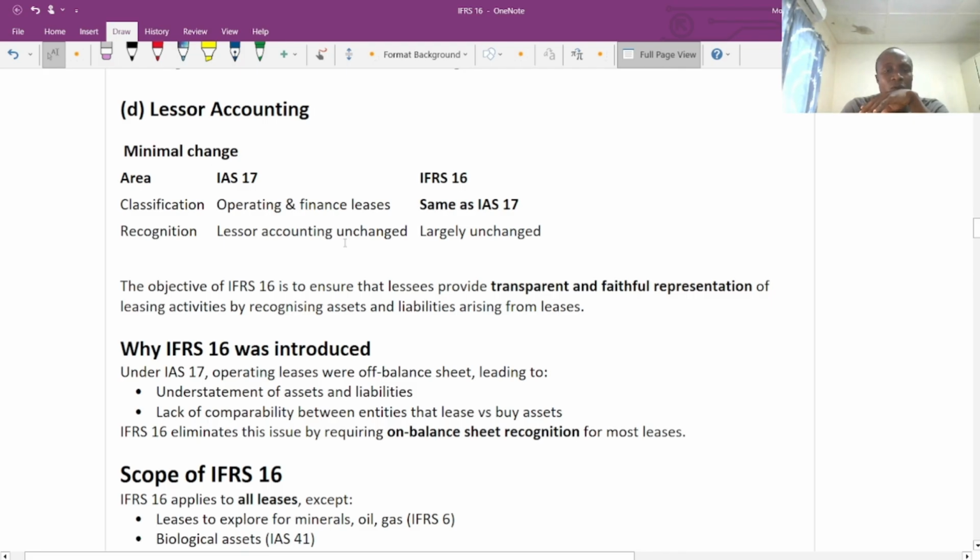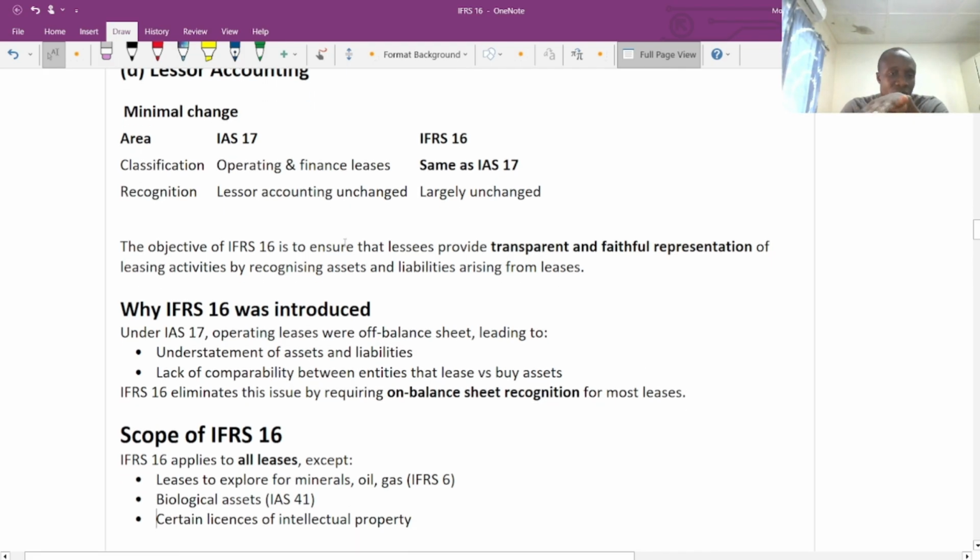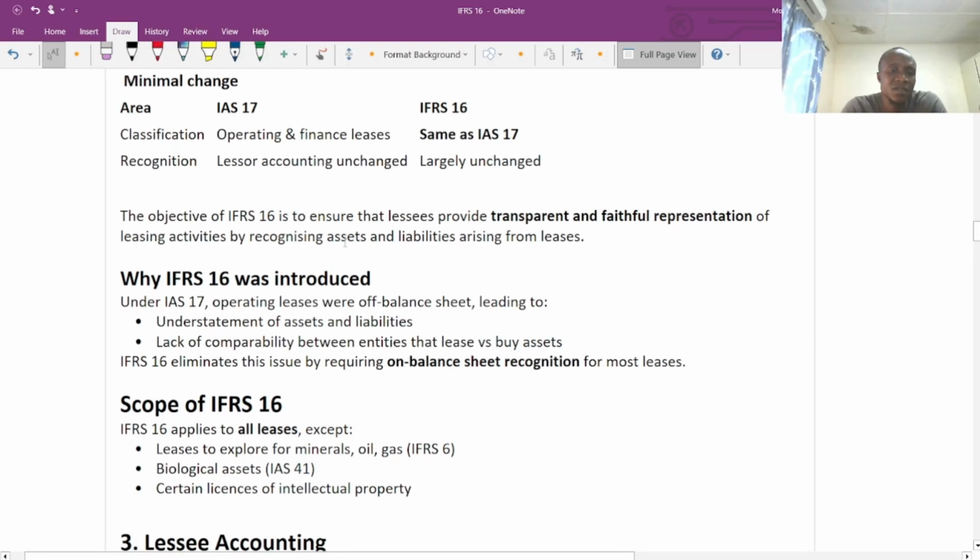Now we are going to look at why IFRS 16 was introduced. Under IAS 17, operating leases were off balance sheet, leading to understatement of assets and liabilities, which is clear. Lack of comparability between entities that lease versus buy assets. We are unable to compare between the entity that leases and the one that buys the assets when we are using IAS 17.